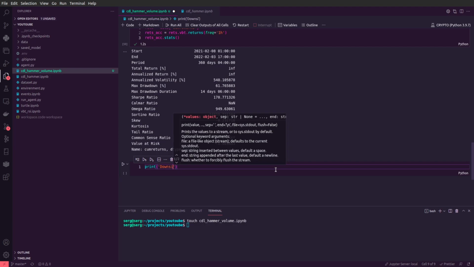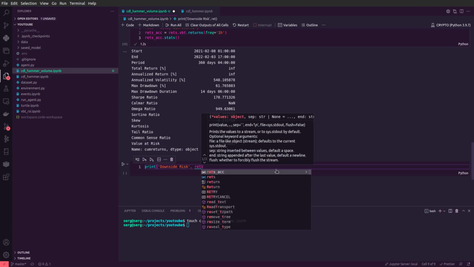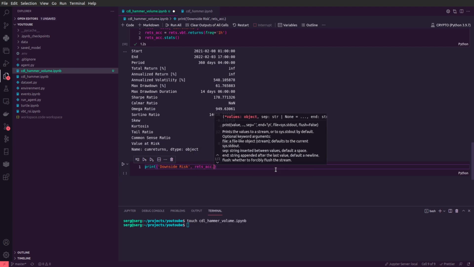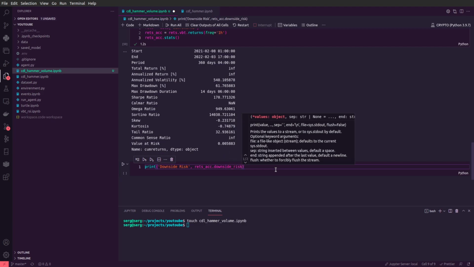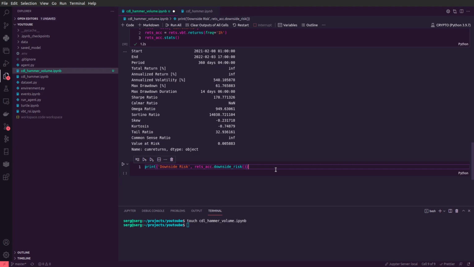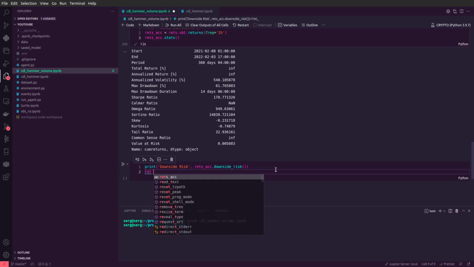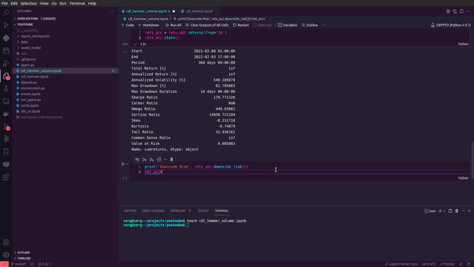Downside risk, for example, would be returns and call downside risk. Let's call it, and also I would like to plot drawdown. Maybe it would be clearer for you to understand drawdowns.